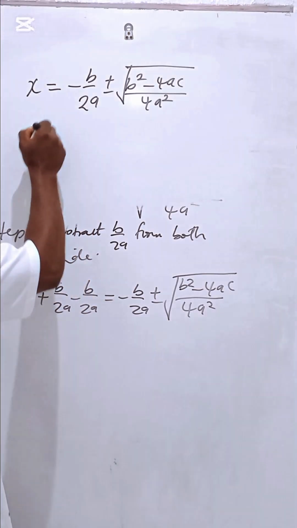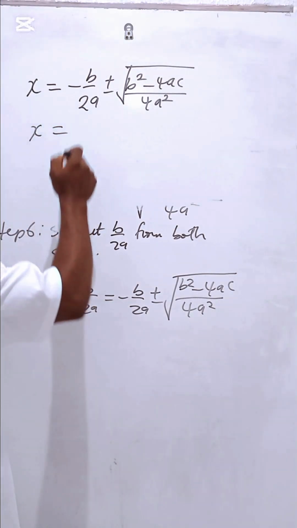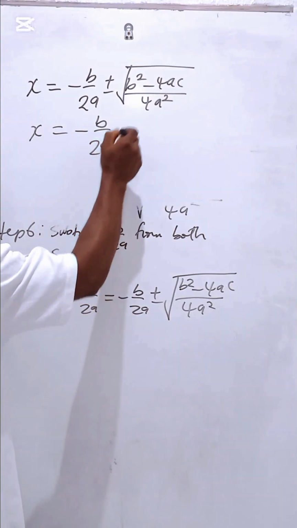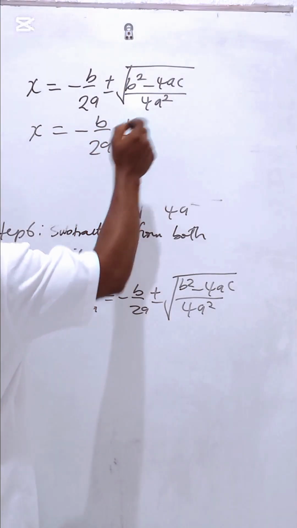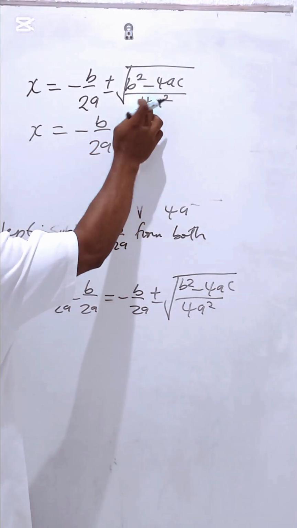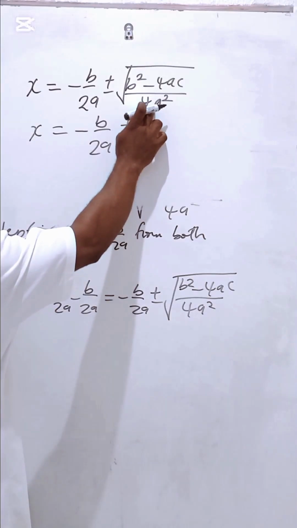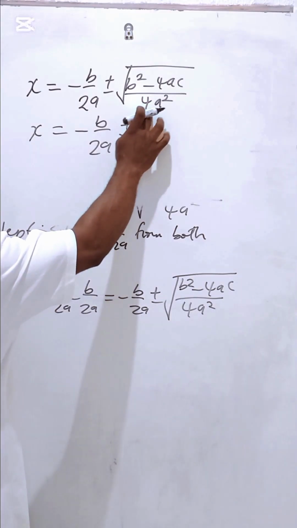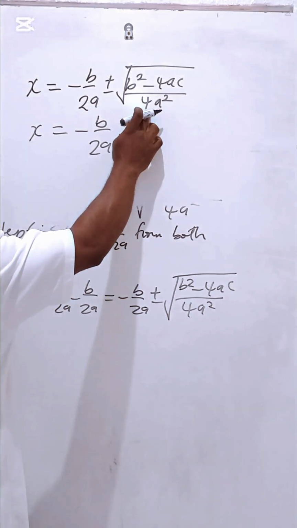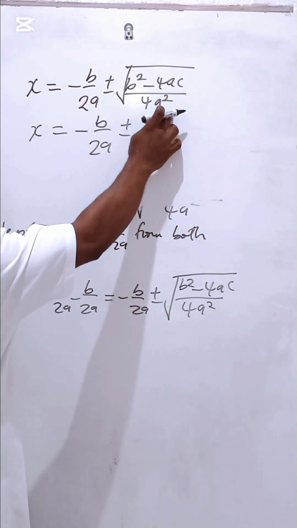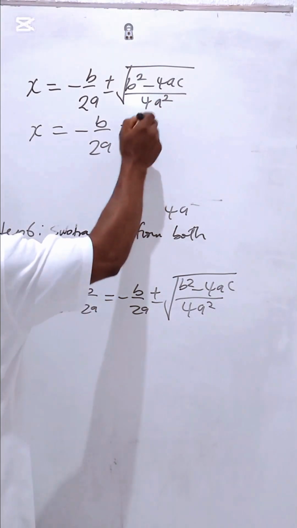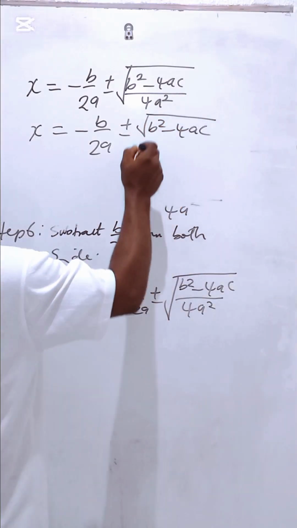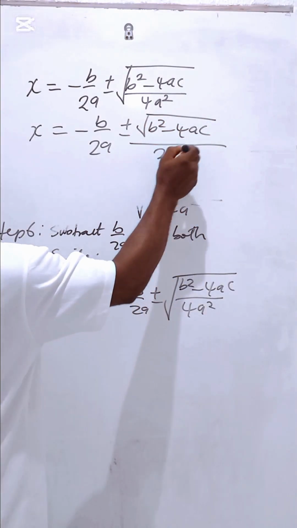If we simplify this, the square root of 4 here is 2. The square root of a squared is a. Therefore, the expression becomes the square root of b squared minus 4ac all over 2a.